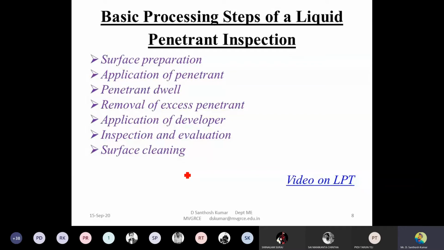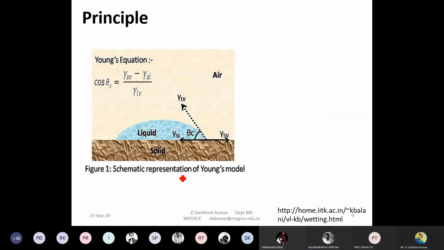But for each and every step, there are a lot of parameters affecting it. We will clearly discuss that in further classes. But in today's session, our major topic is the basic principles behind the liquid penetrant test. So we will discuss that today.